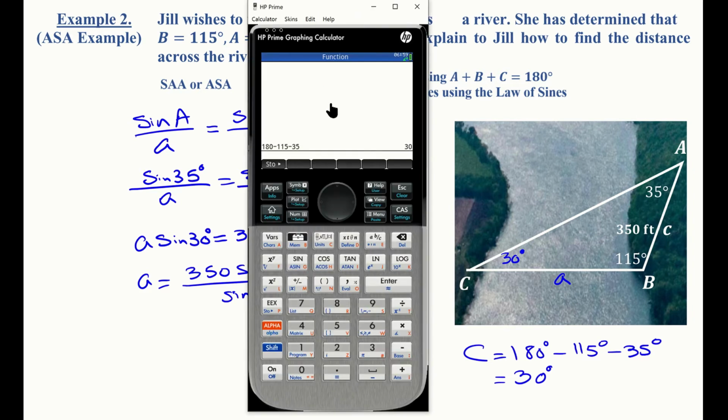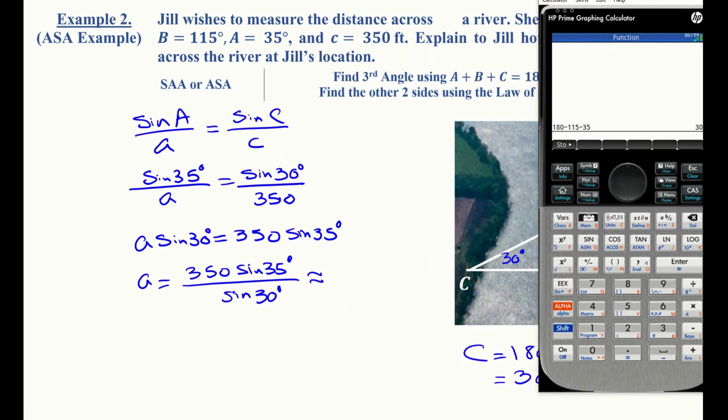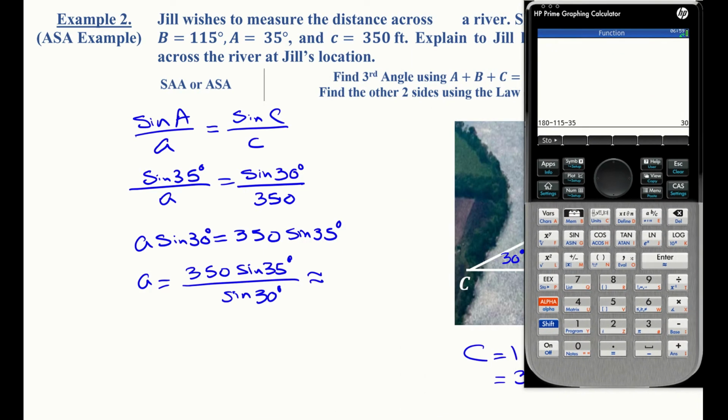So we'll bring in our calculator again. We'll parenthesize 350 sine 35, divided by sine 30.